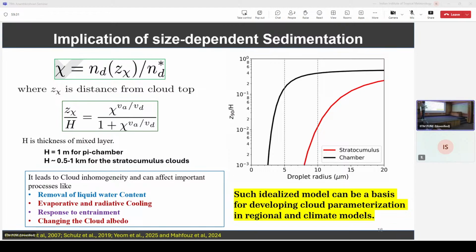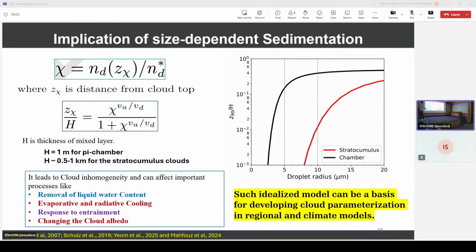For the pi chamber, it can be considered half of the meters leaving from the top and bottom. And for the stratocumulus cloud, the mixed layer is roughly 500 meters to 1 kilometer. And we look at the height from the cloud top where the number concentration decreases by a certain fraction. So a 90% fraction is what we have considered here.